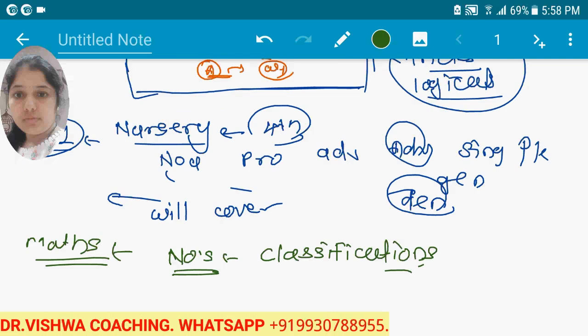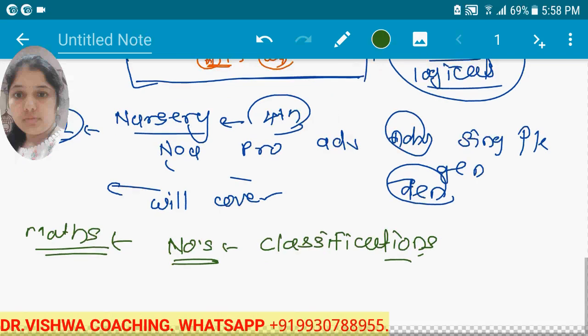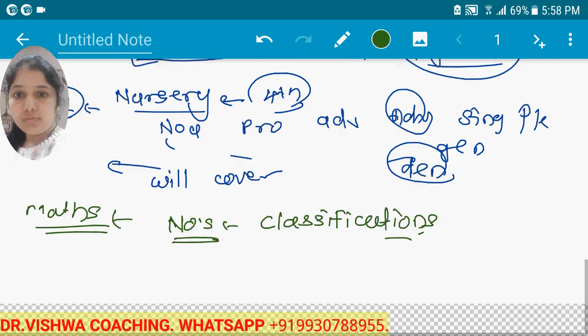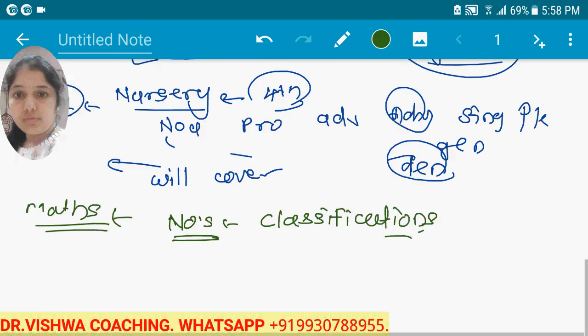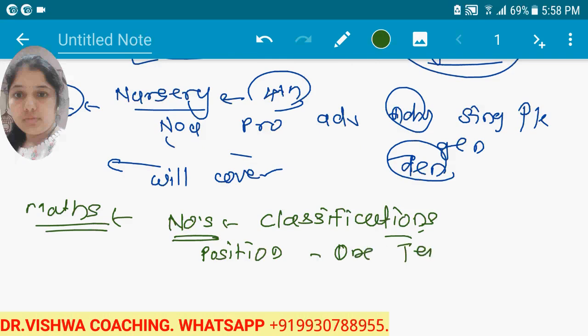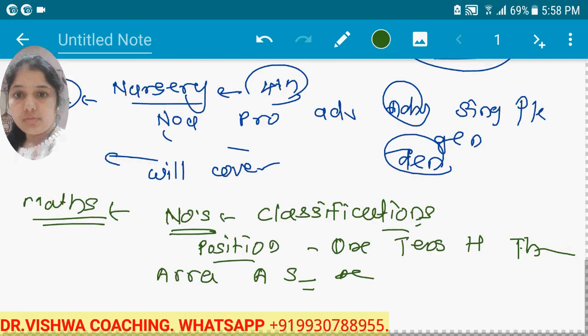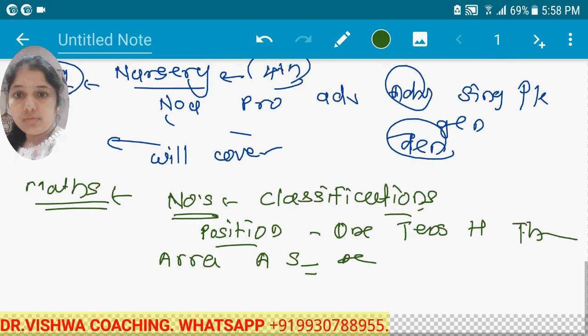Okay, all the kids know the position of the digit, like ones, tens, hundreds, thousands. Okay, they know how to arrange them in ascending and descending order. They know the operations based on these numbers like addition, subtraction, multiplication, division.